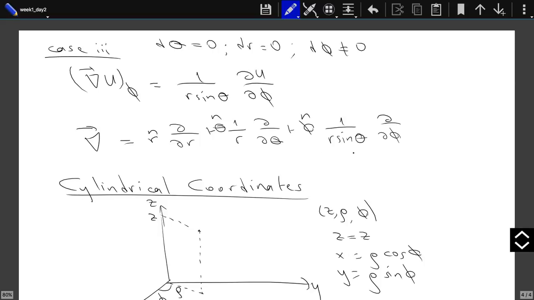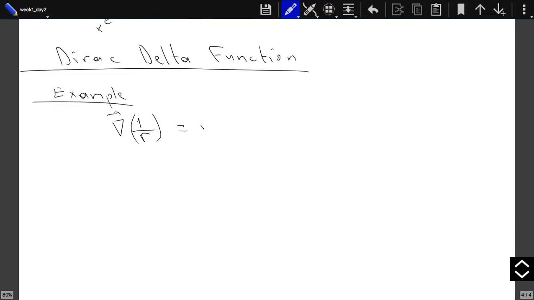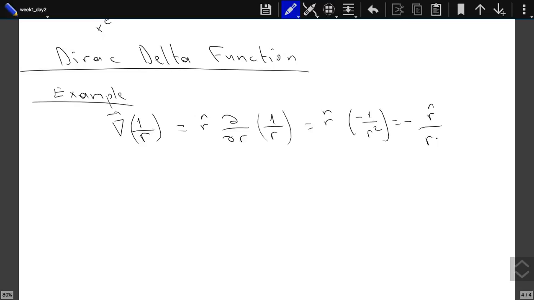Remember, this is the gradient in spherical coordinates here. 1 over r doesn't depend on theta, it doesn't depend on phi, so those derivatives just give me 0. So the gradient of 1 over r is in the radial direction of its derivative with respect to r. Del by del r of 1 over r.